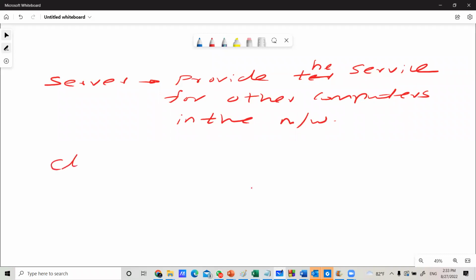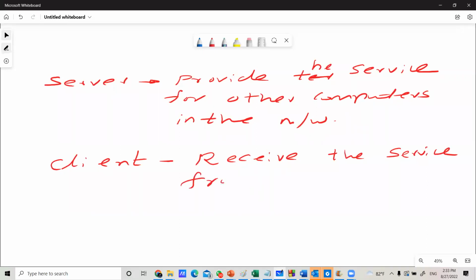Then a client always requests the service. Right? Just write it in simple words. A client means the computer in the network that receives the service. A computer in the network that receives the service from the server computer.